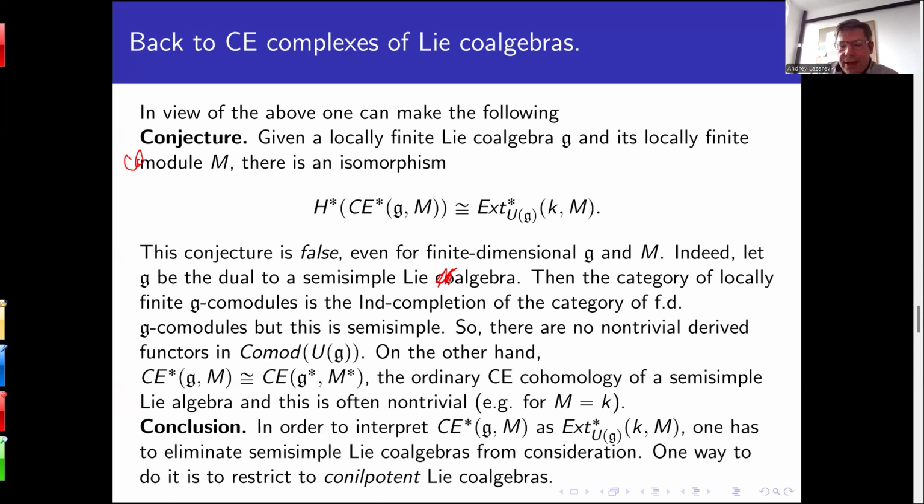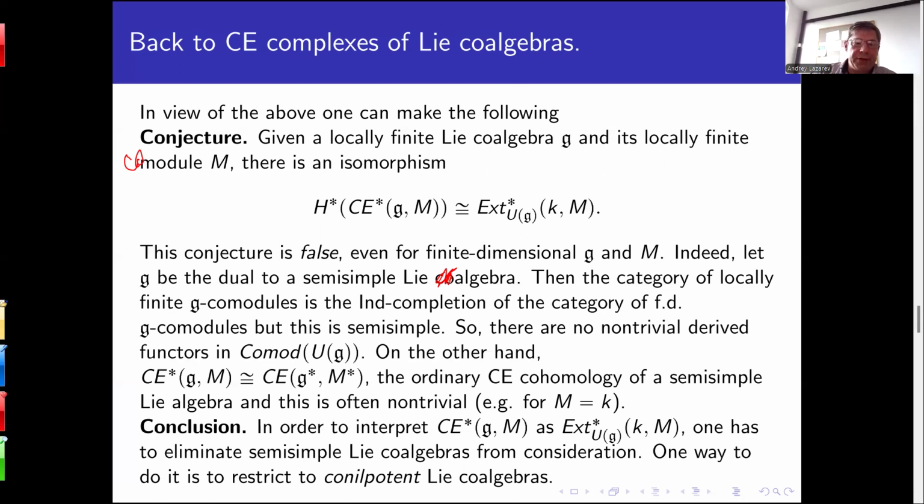A little extra argument shows that the category of locally finite G comodules is also semi-simple. Okay, so there are no non-trivial derived functors. Every short exact sequence in comodules over the corresponding universal enveloping coalgebra splits.